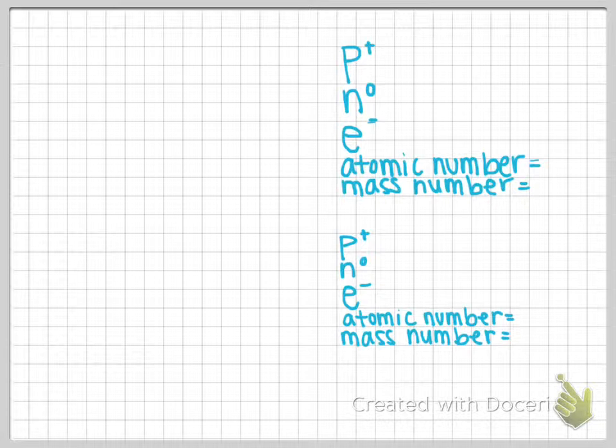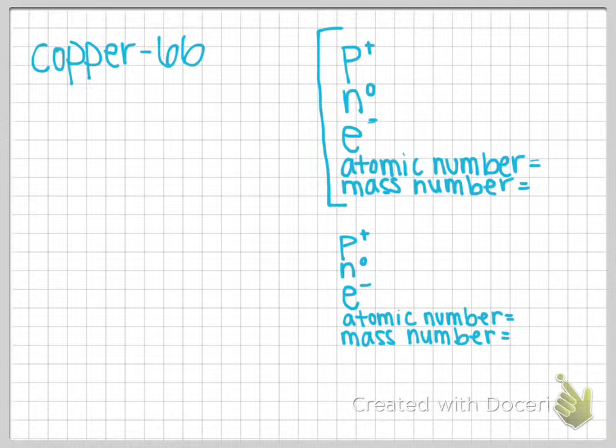Okay, I've got just 2 more examples for you on isotopes. If the only information I gave you was that the isotope was copper-66, you could fill out all of this information here. For copper-66, we know that the mass number is 66.